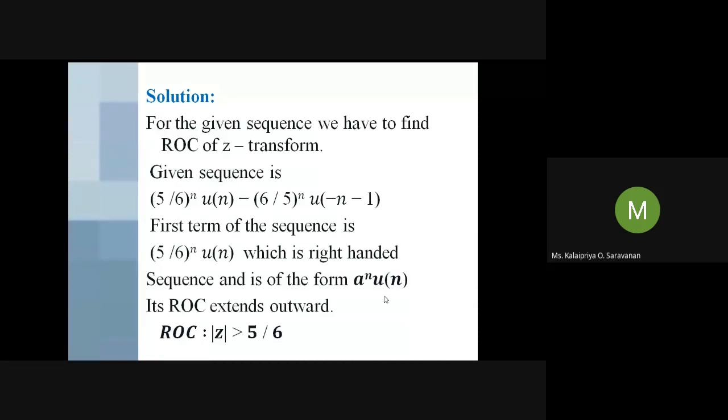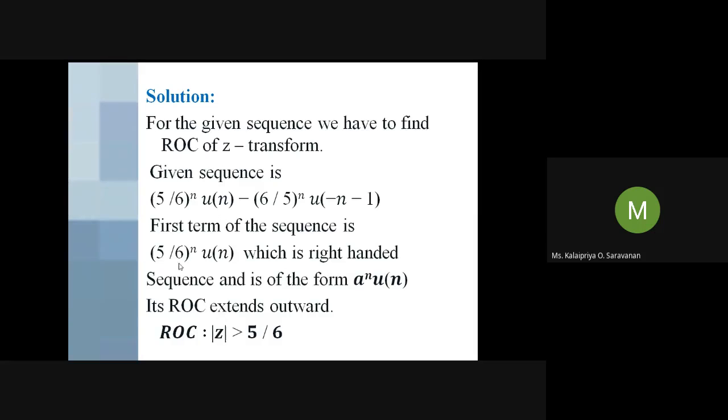If this is a right-sided signal, right-sided signal means the ROC should be written as |z| greater than |a|. Left-sided signal means you will have to write it as |z| less than |a|. So for right-sided signal, ROC should be |z| greater than a. For left-sided, you should write |z| less than a.